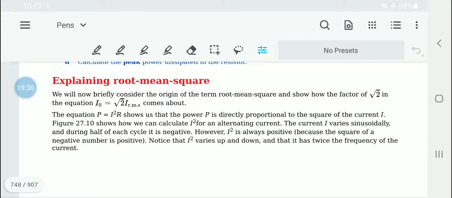So the current will change sinusoidally, but I squared is always going to be positive, because a square is positive.